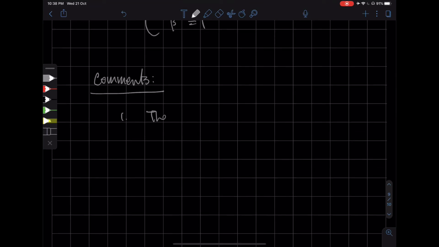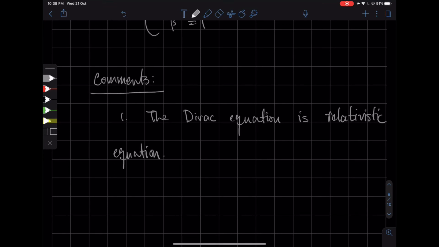The Dirac equation is a relativistic equation. However, it's neither a scalar equation nor a tensor equation.